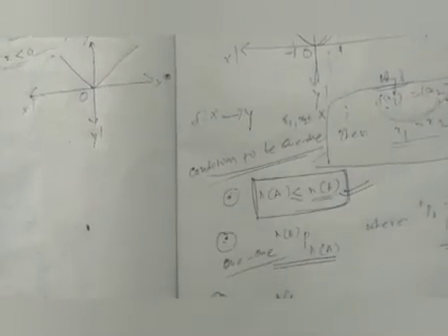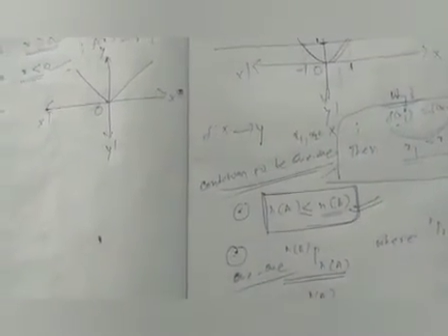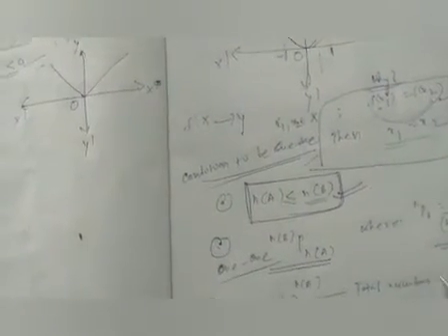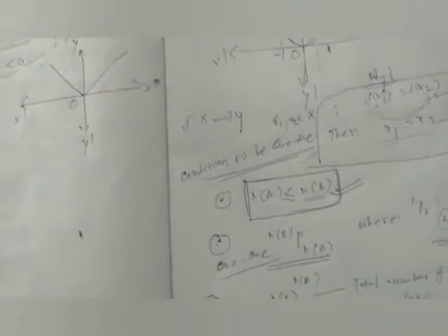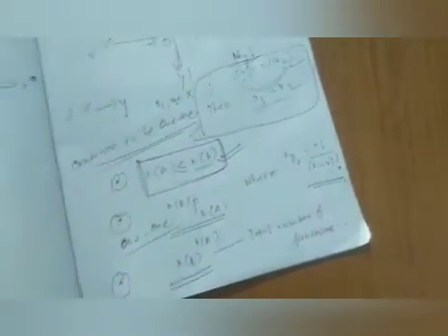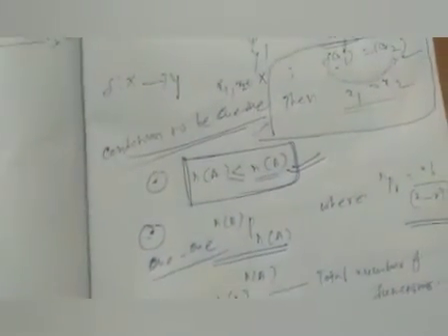That is n of B power n of A. N of B power n of A is the total number of functions defined from A to B. We shall discuss these proofs in detail when we get into the chapter on permutations and combinations. Up to then you should accept it, right?